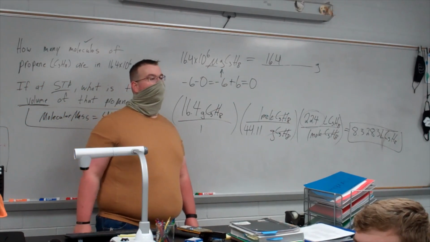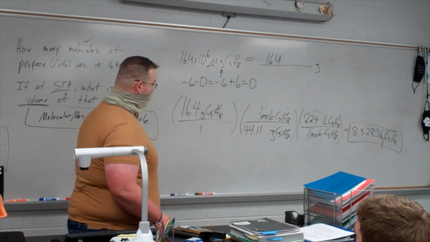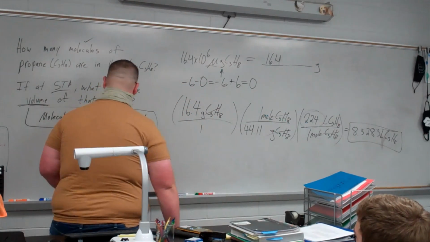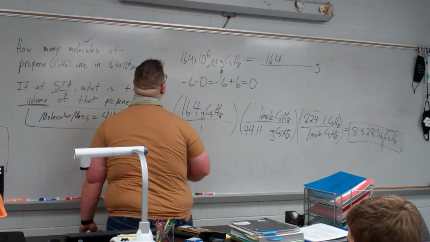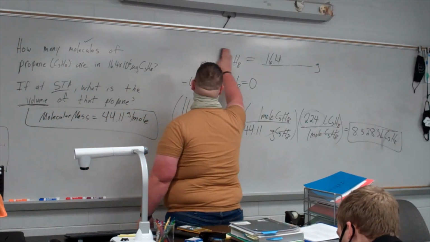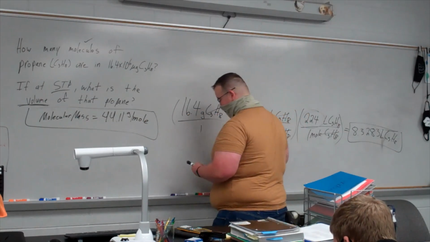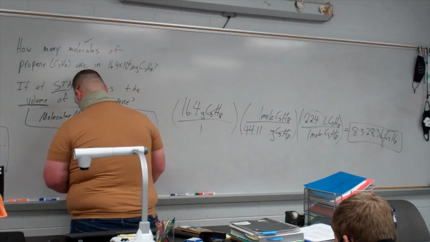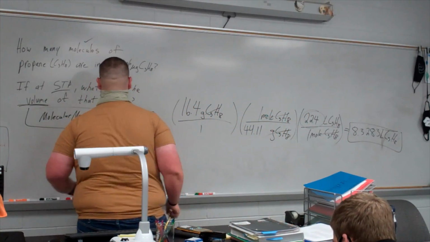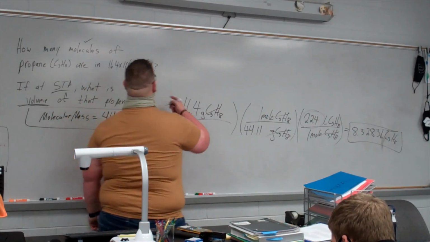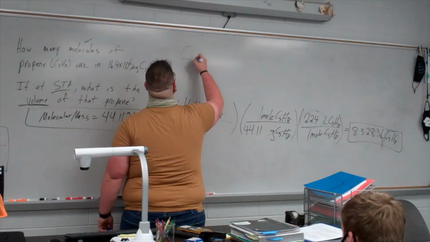How did we get the 44.11? Let's calculate molecular mass. Remember what I told you, I take the elements that are in there. So I have carbon and hydrogen.